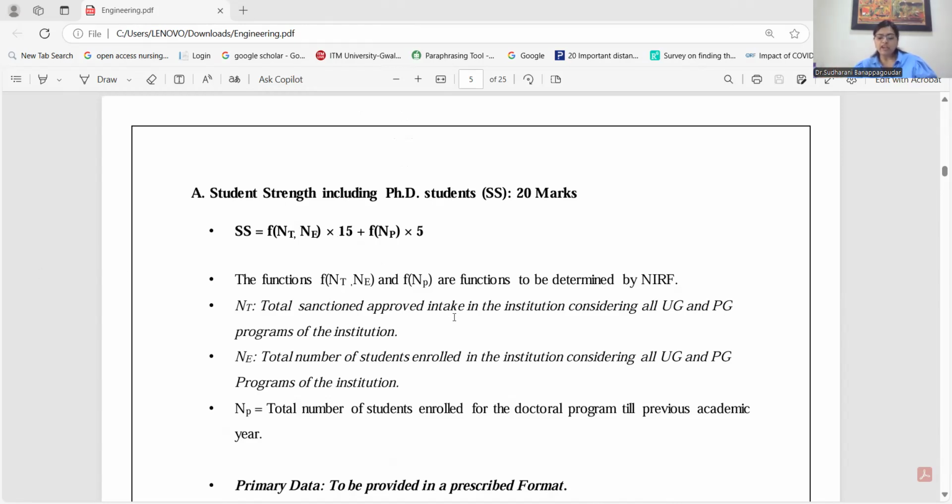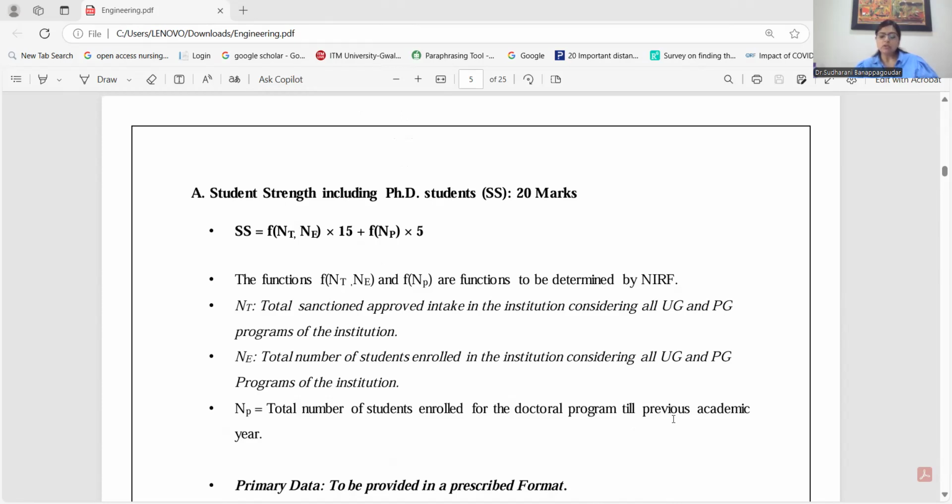Now, if you see NP, it is nothing but the ratio of the number of the PhD students, especially in the PhD programs which the institution or the college is running. In there, what is the total number of doctoral program students till the previous academic year? Till the previous academic year, what is the total number of students enrolled?